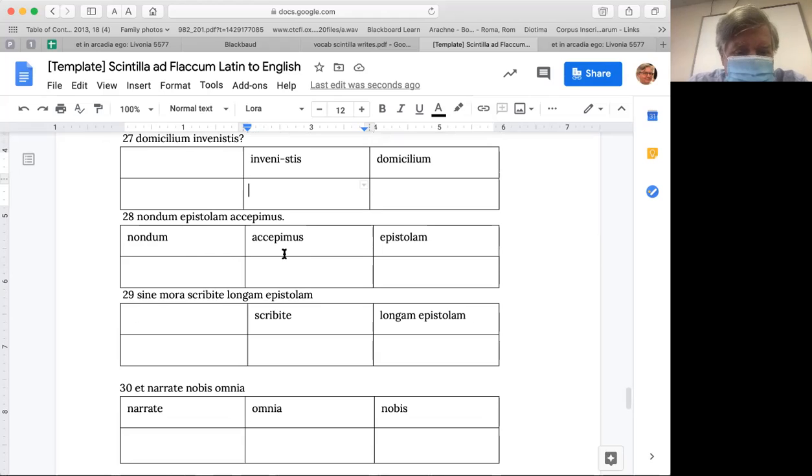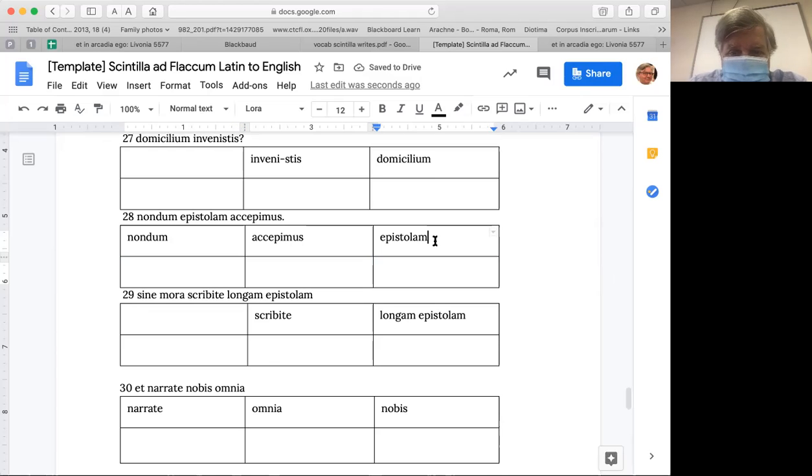Nondum epistolam accepimus, so just an adverbial time word, not yet. Accepimus is the past tense of accipimus. That would be we receive. So this is the past tense of accipimus, accepimus.